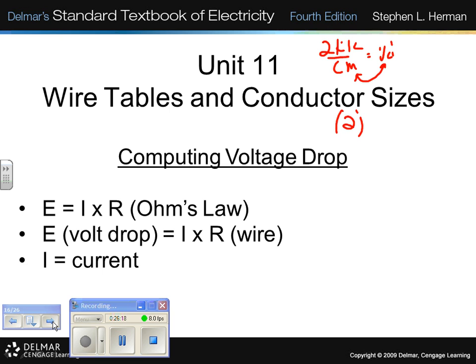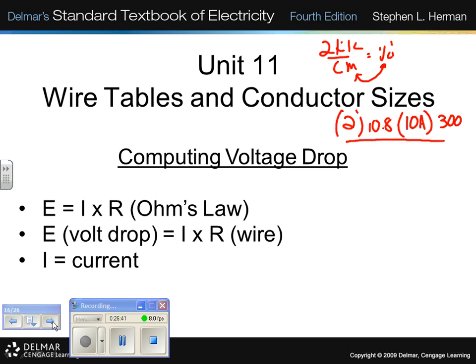So it's 2 times 10.8 times current. Now we know that the little light and the little motor are going to draw, let's say 10 amps, which is way less than a number 14 can allow. 10 amps, that's going to be our whole load, but we're going out 300 feet.